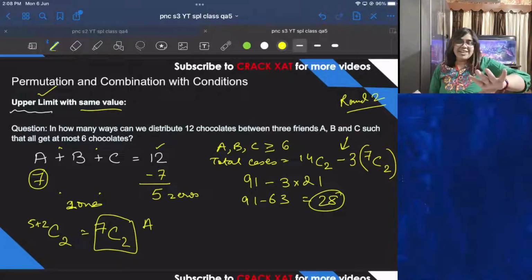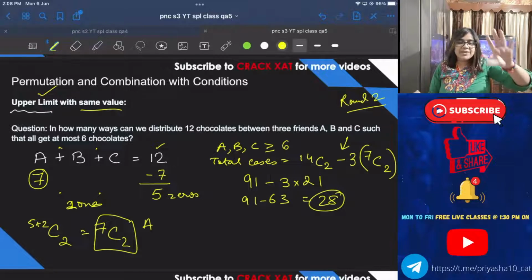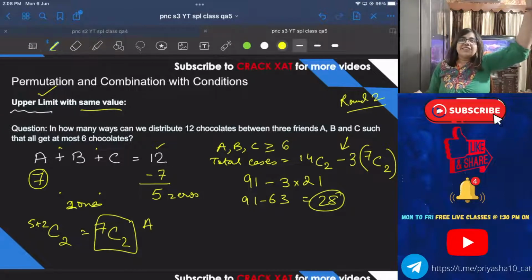अब हम जो क्वेश्चन करने वाले हैं इसके बाद, the next question which we people are going to do after this one is way above CAT level.